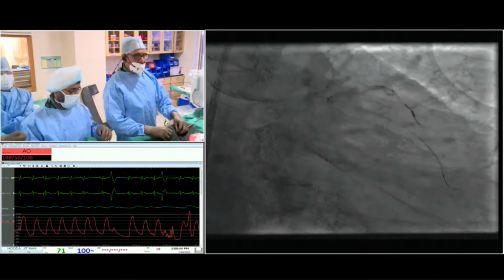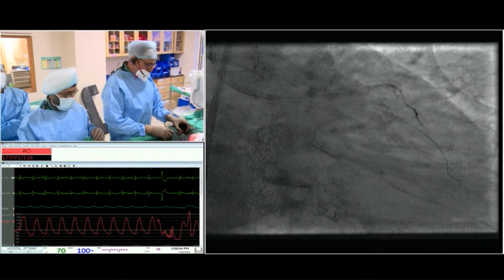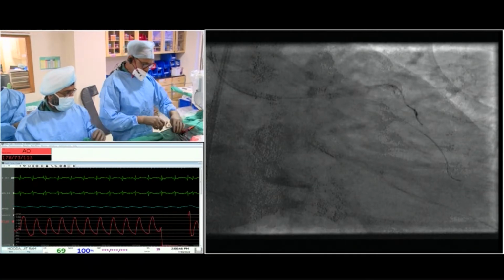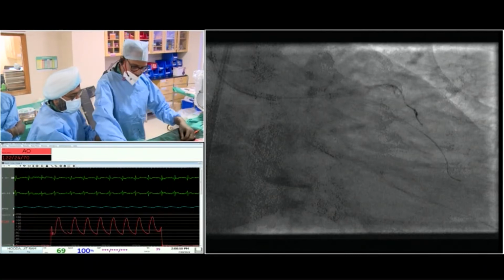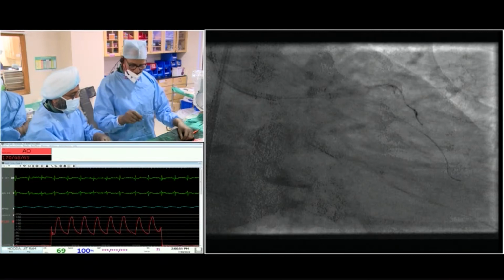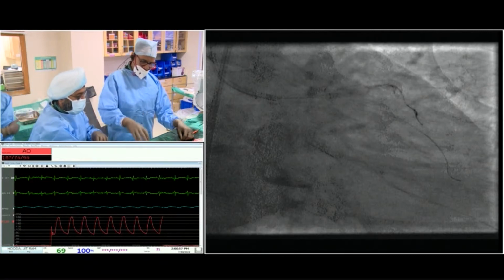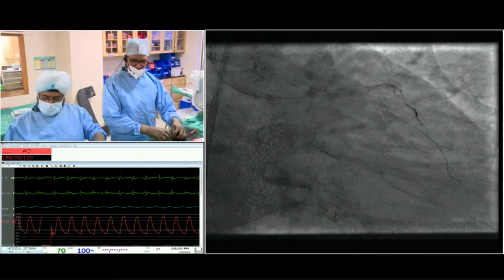And now get me another balloon of 1.5. So I'll take the tiniest balloon to recross into this ramus. And I would follow the balloon with a repot, and not perhaps the kissing here, depending on the size of this vessel.